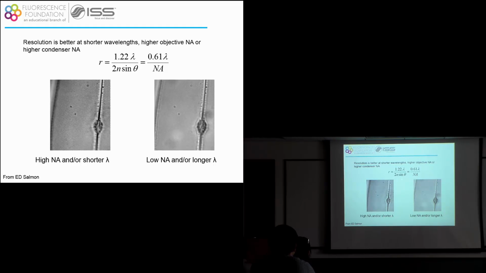The numerical aperture cannot be more than a certain number because of this angle between observation point and the lens. We can increase it a little bit by changing the index of refraction. And that's why the objective before had oil on it. Oil has an index of refraction higher than water, and so then we can go to a 1.5 rather than 1.3. And so we can increase our numerical aperture and improve the resolution of the image.